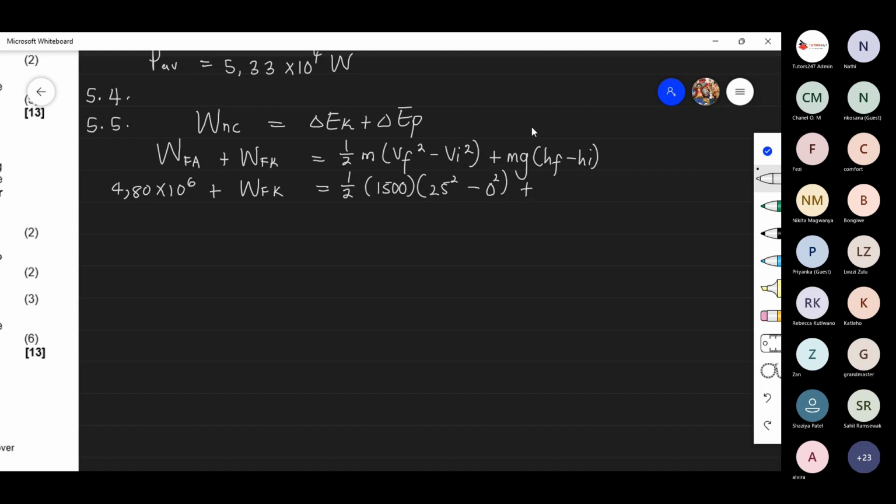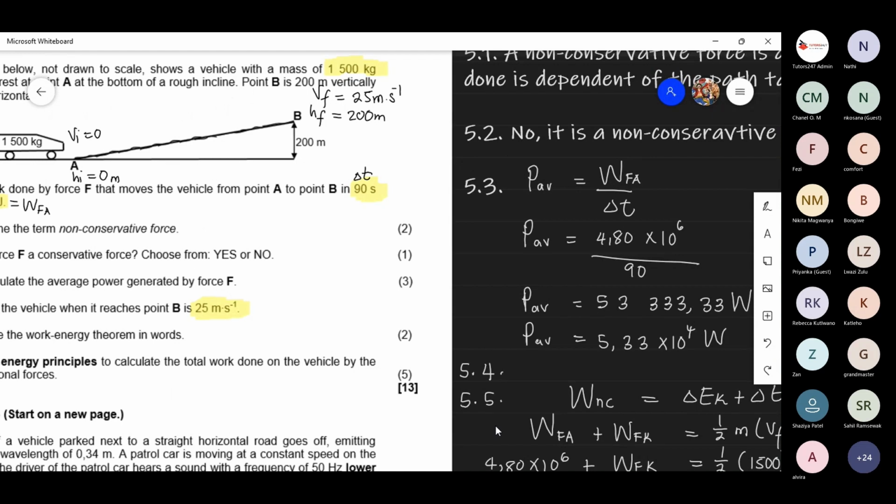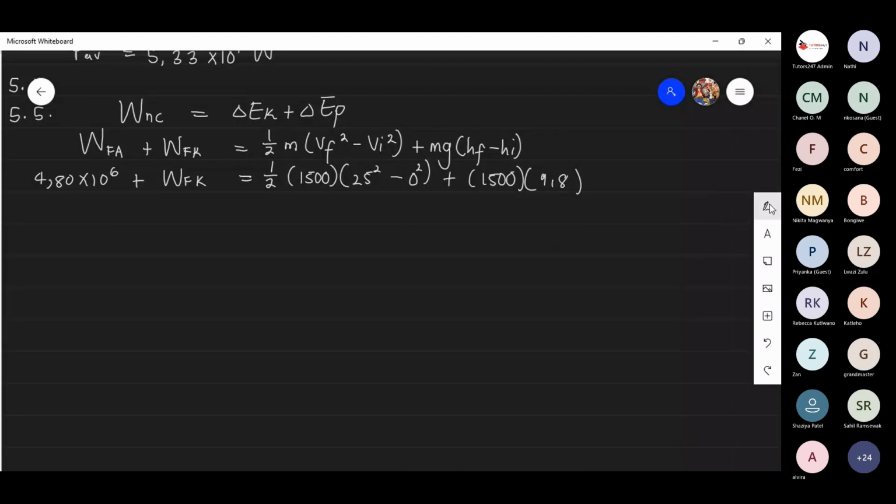So always double check the values that you substitute, okay? Then our mass was 1,500. Gravitational acceleration is 9.8. And our final height, what was that? Our final height was 200 and our initial height was 0.